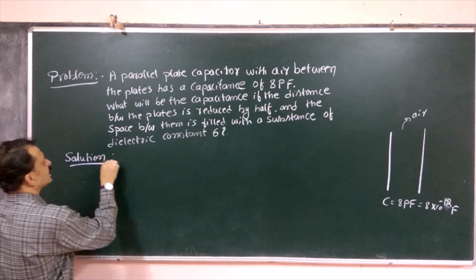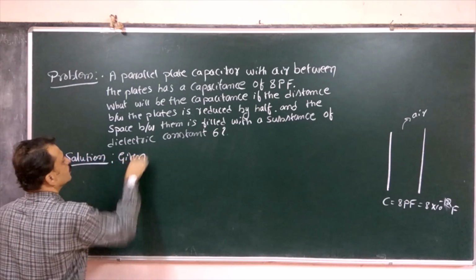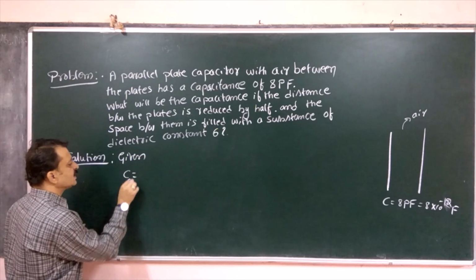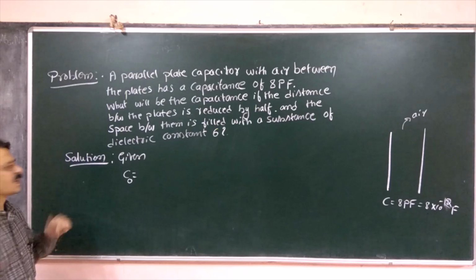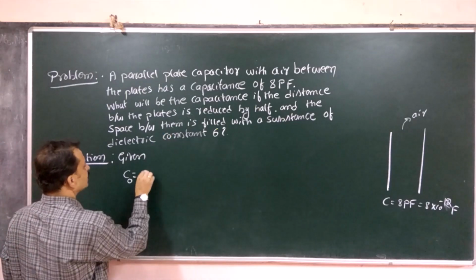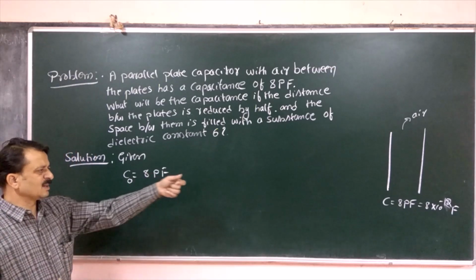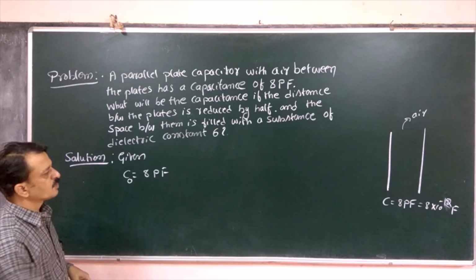Solution. Now given, what are the given things? Now capacitance in air is given. If I write capacitance in air as C naught, ವ್ಯಾಲ್ಯೂ ಕೊಟ್ಟಿದ್ದಾನೆ, that is 8 picofarad. ಪಿಕೋನೇ ಇರಲಿ, ಯಾಕಂದ್ರೆ ಇಲ್ಲಿ ಯಾವುದೇ ರೀತಿ ಕ್ಯಾಲ್ಕುಲೇಷನ್ ಬರೋದಿಲ್ಲ. So 8 picofarad.